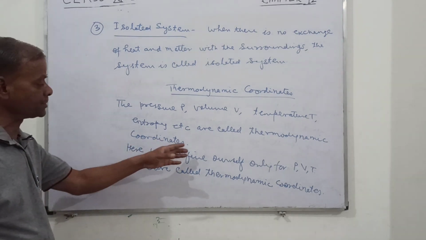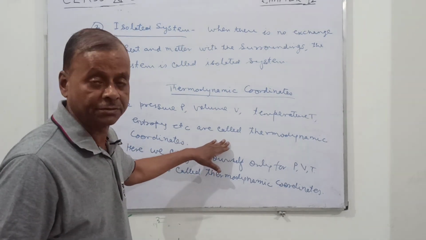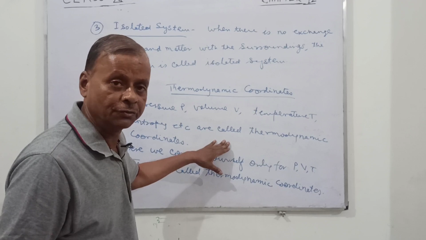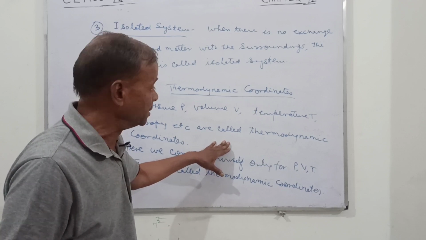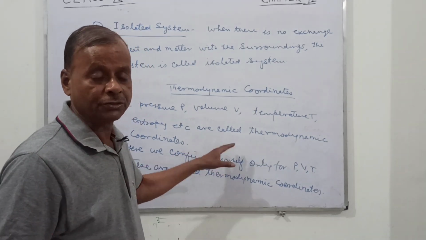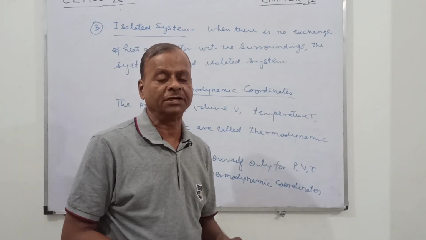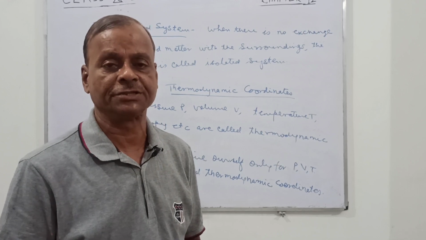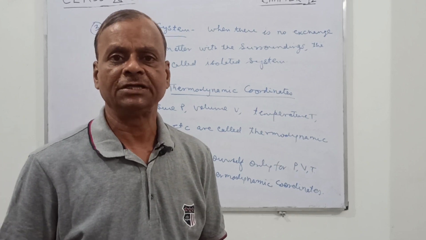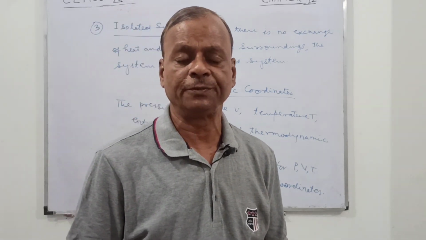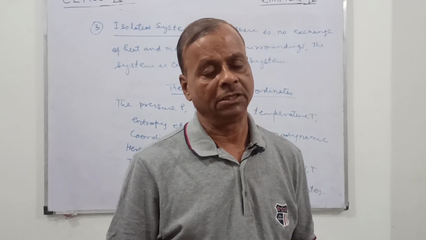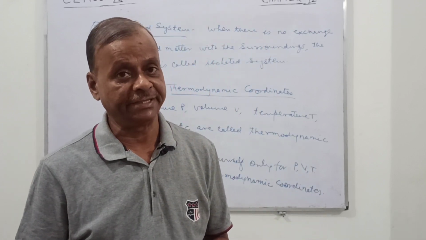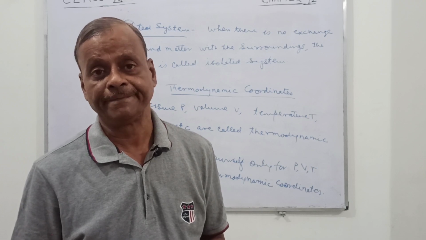So these coordinates always describe the state, the equation of state, of the thermodynamic system. Because you have seen that in coordinates we have x, y, z. That is called the Cartesian coordinates. And the Cartesian coordinates always describe the position of a particle in the x, y, z system.